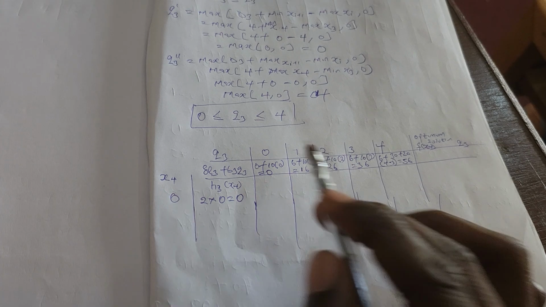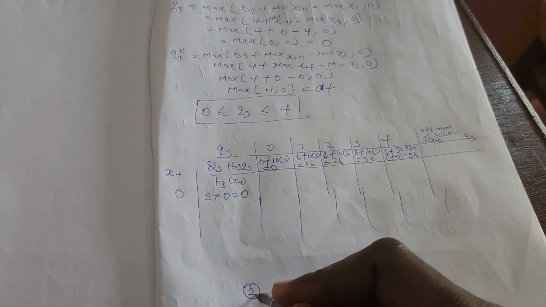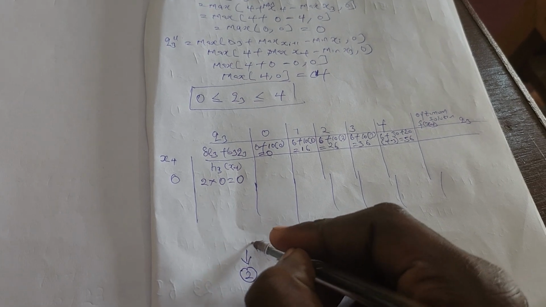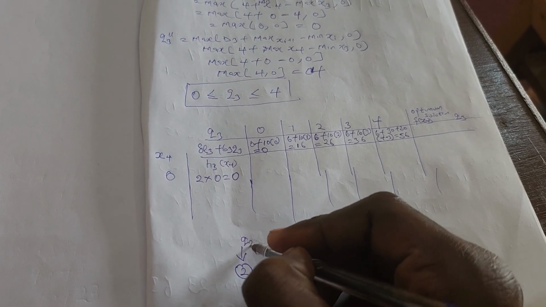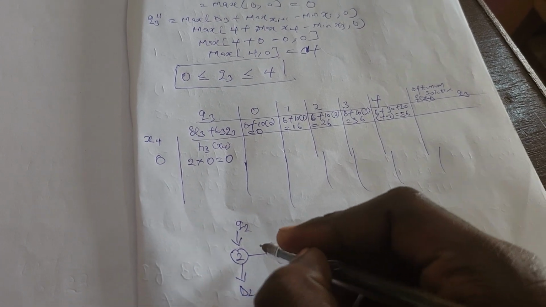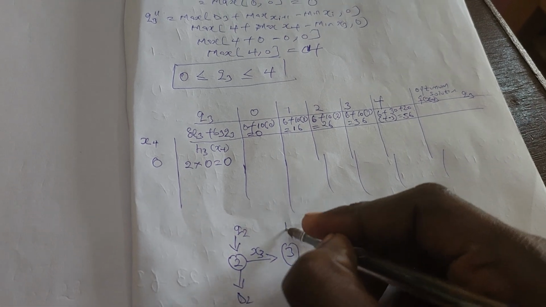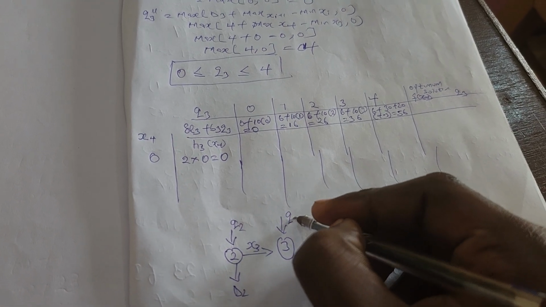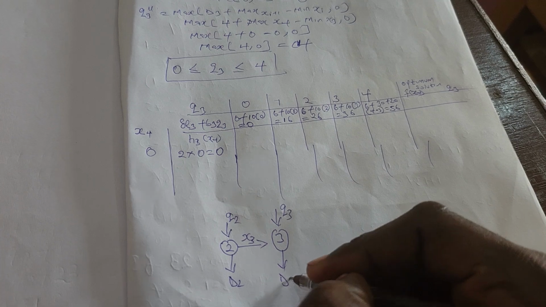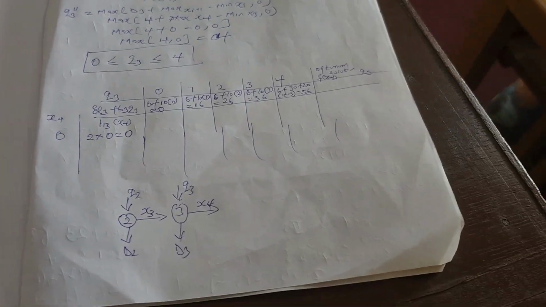Since we are considering period 3, let's say this is our period 2: Q2, D2, X3, Q3, D3, X4.